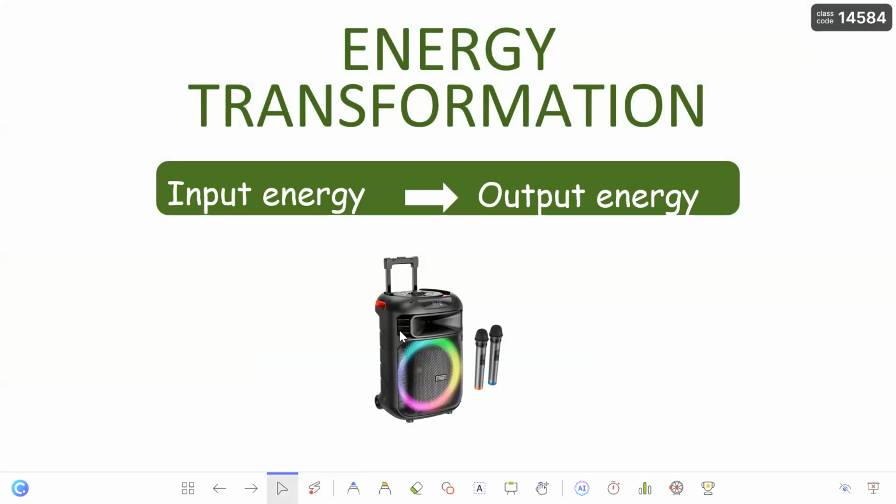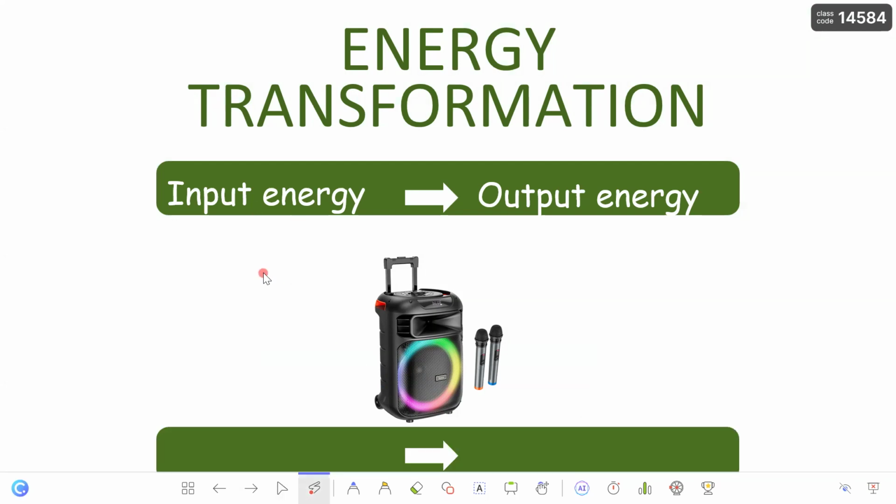As you notice in the following example, here I have the speakers. The input energy of the speaker is what? Electrical energy. I mean input energy, the energy that is needed to let it work. While when it works, the output energy is going to be the sound energy.